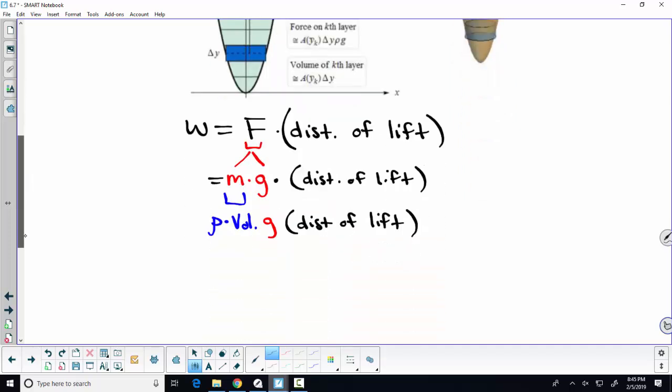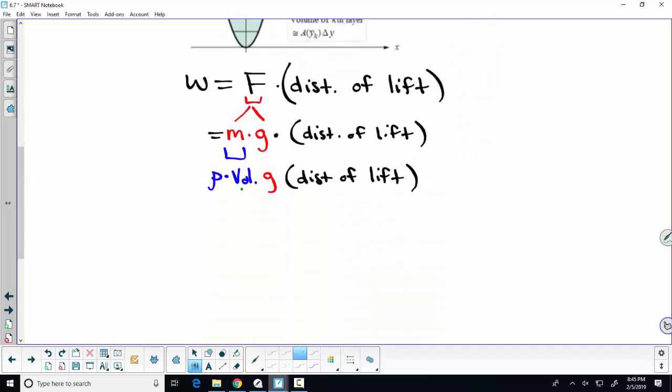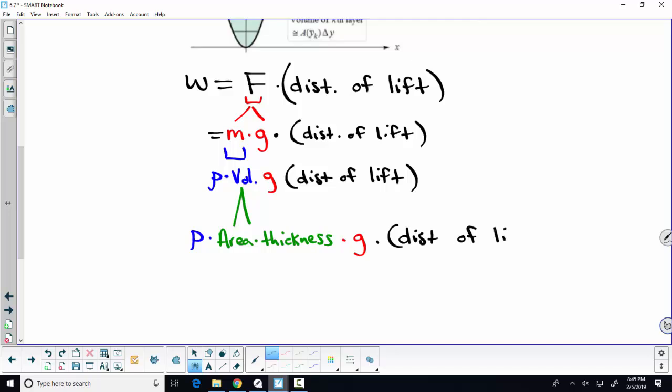So we want to take this one step further and say volume is area times thickness. So we have density times area times thickness times gravity times the distance of lift is what's giving us work.